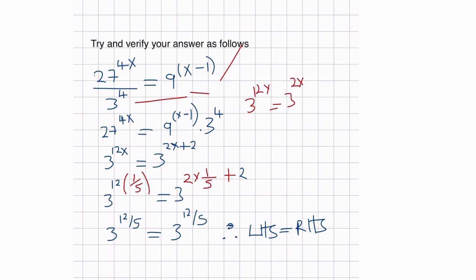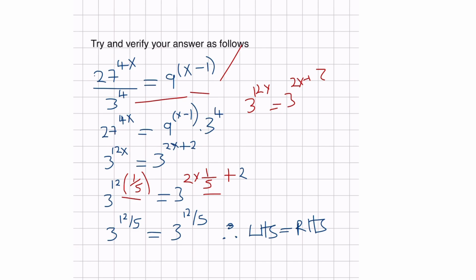So we can just substitute x equal to 1 over 5. If you put x equal to 1 over 5, we are ultimately going to get 12 multiplied by 1 over 5, which is 12 over 5, equal to 2 multiplied by 1 over 5, which is 2 over 5, plus 2.